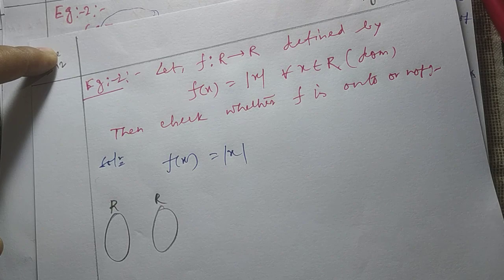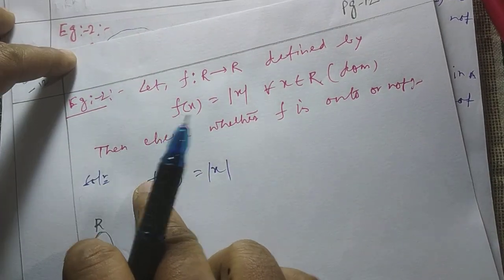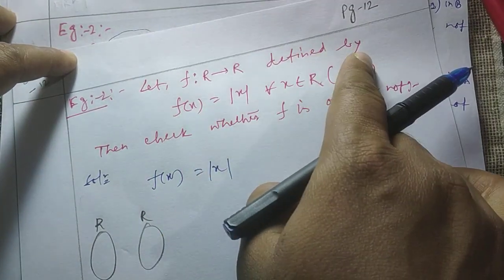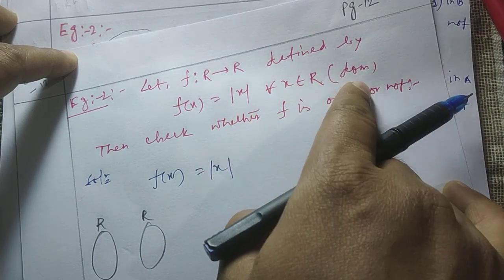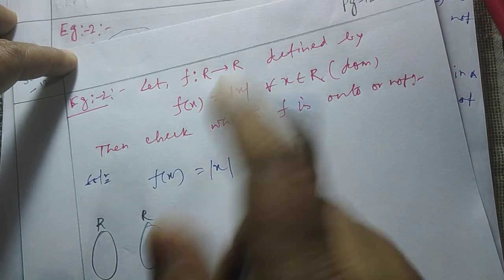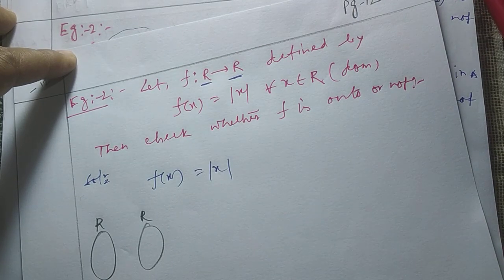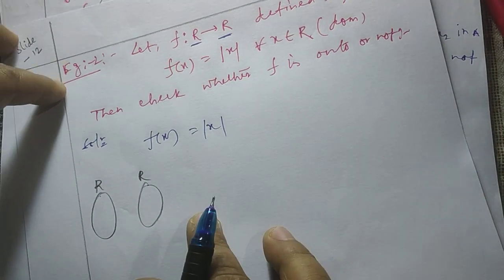Okay. Now look at the second example to be checked, to be verified. Let a function f such that R to R is defined by f(x) is equal to modulus x for all x belongs to domain real numbers. So what is the R here? Here both are real numbers. Means here domain is the real number, also codomain is the real numbers.